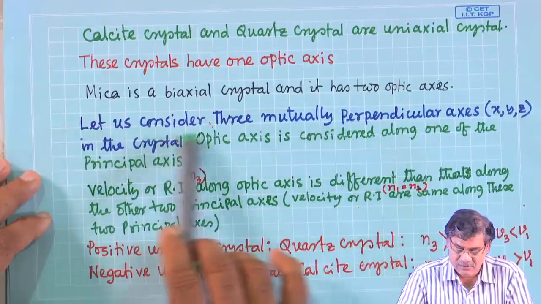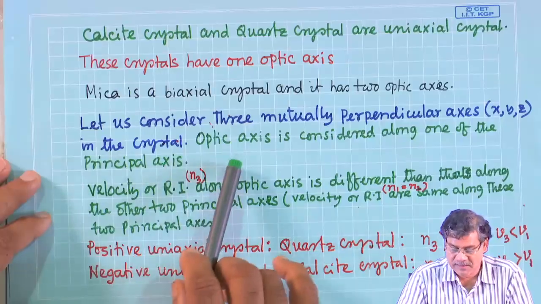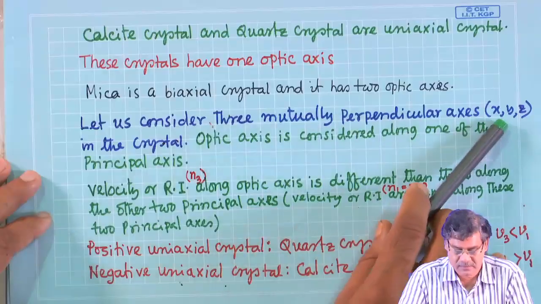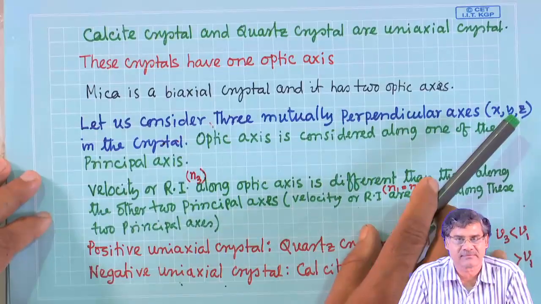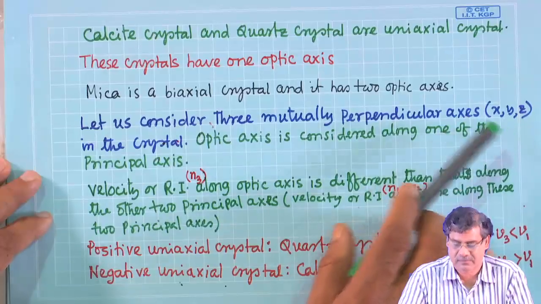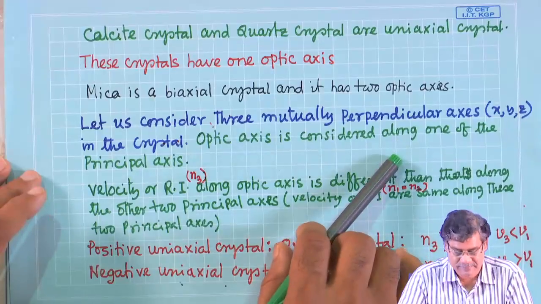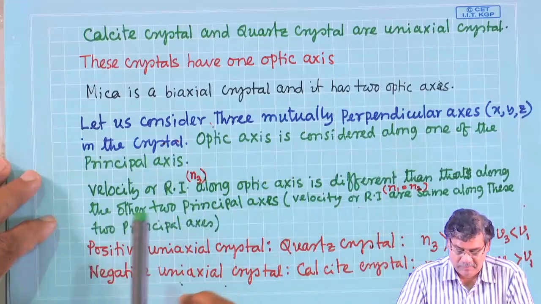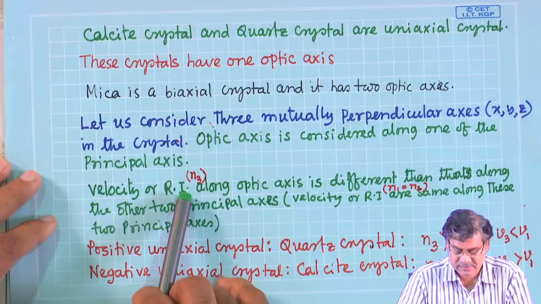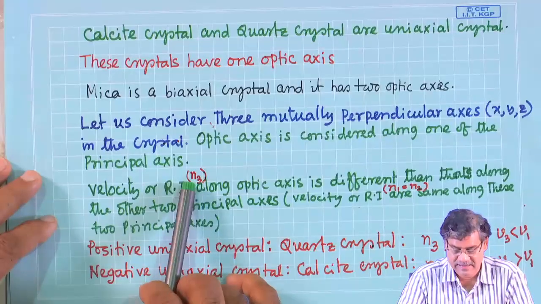Let us consider three mutually perpendicular axes x, y, z in the crystal. The optic axis is considered along one of the principal axes; x, y, z are the principal axes. Say the refractive index along the z axis is n3 or nz.